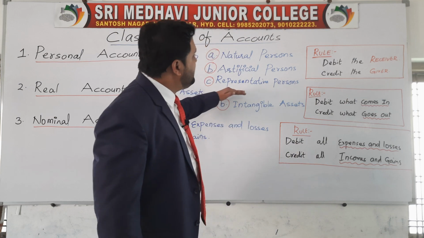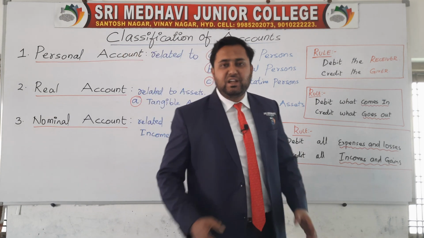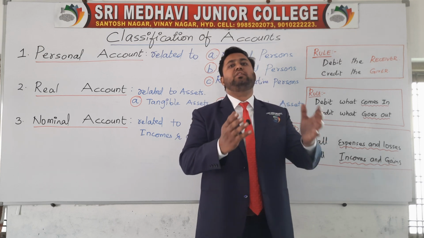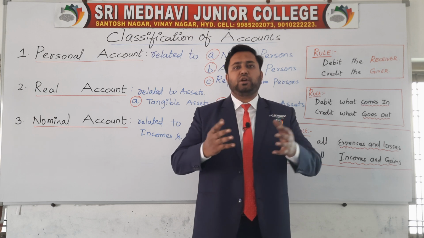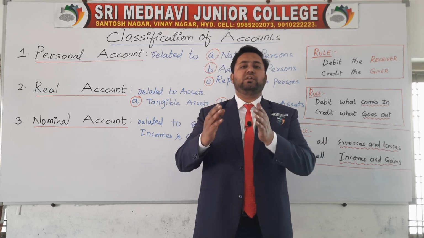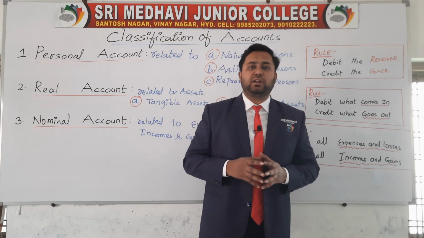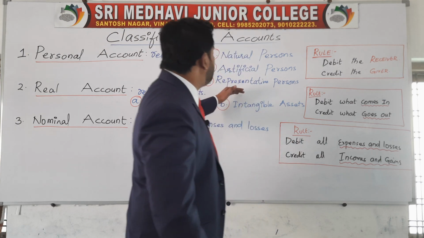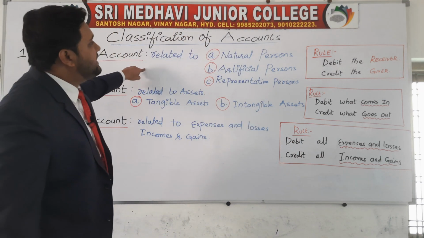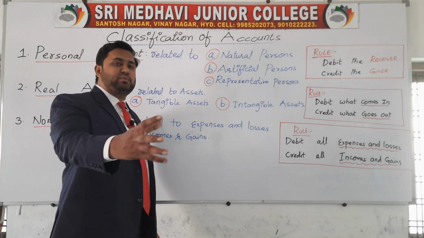Likewise, there are certain representative persons. Representative persons are like the salary account of all the employees of a corporate office. So the salaries account of persons who are representative of a particular corporate office comes under representative persons. So personal account is related to natural persons, artificial persons and representative persons.